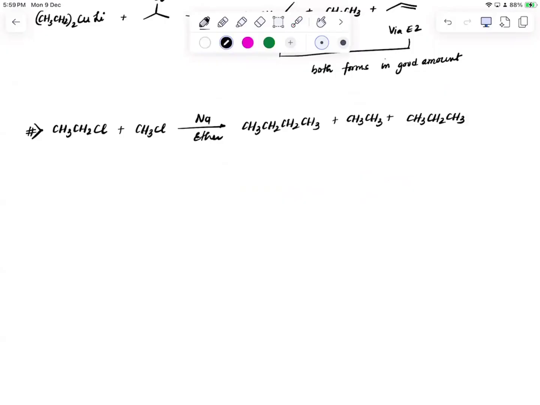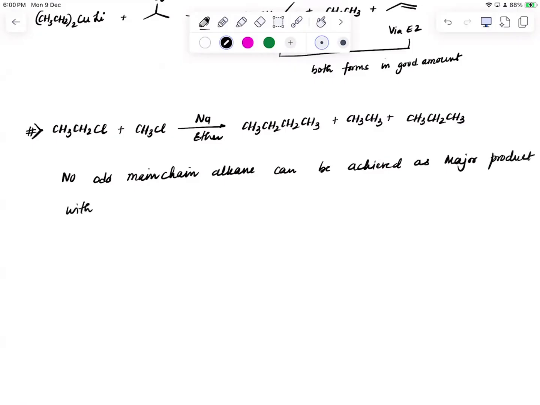So therefore, no odd main chain alkanes can be achieved as major products with Wood's reaction.